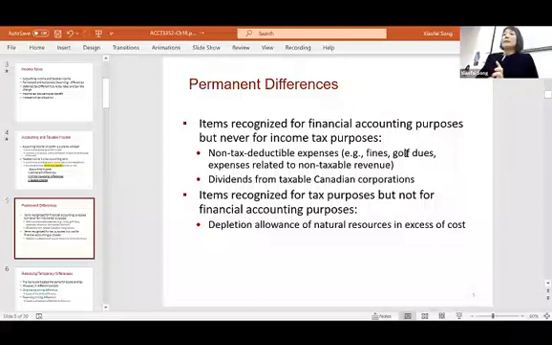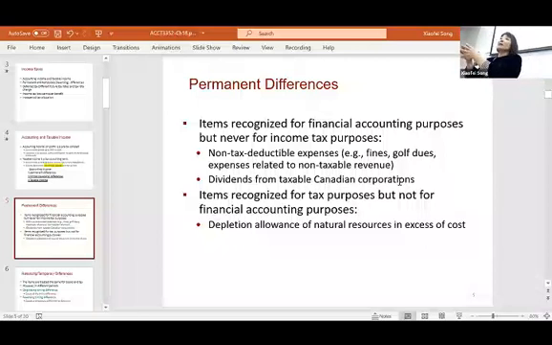That's the kind of thing. Dividends from taxable Canadian corporations. When one Canadian company invests in the equity securities of another tax-paying Canadian company, and the investee company pays a dividend, it's not taxable because that's after-tax income already.